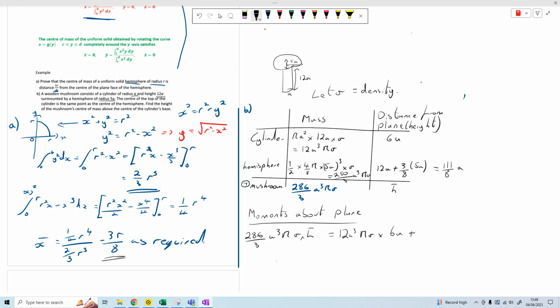Then I'm going to add, because I added these two shapes together. Remember, if you take them away, you still need to take away instead. 250 over 3 a cubed pi sigma times by 111 over 8a. Okay, I'm simply going to simplify this down a little bit.